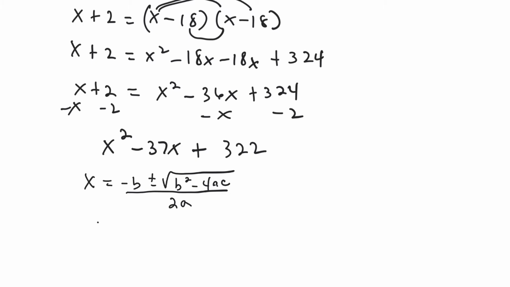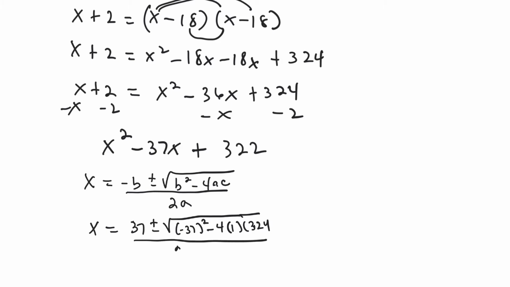Yeah, that's right. So x equals negative b, in this case it's 37, plus or minus square root of negative 37 squared minus 4 times a times c, which is 324, over 2 times 1.